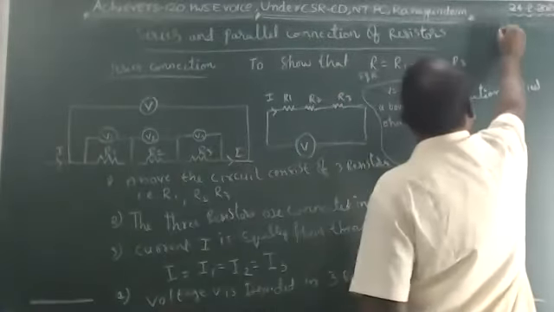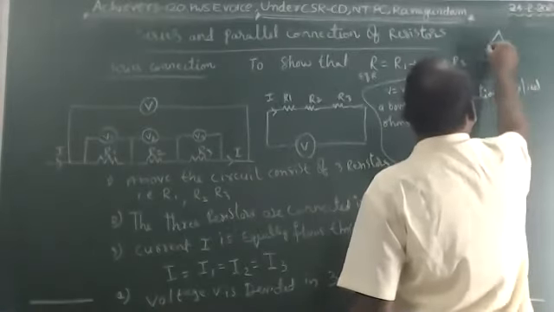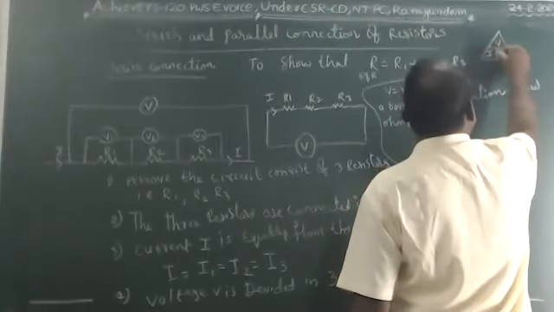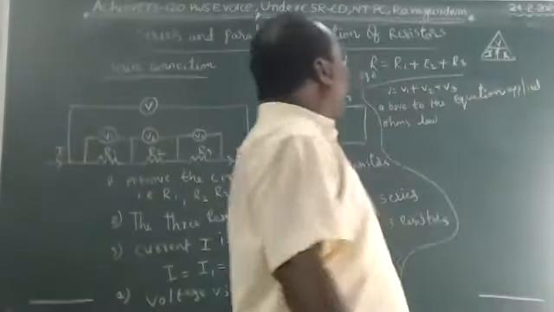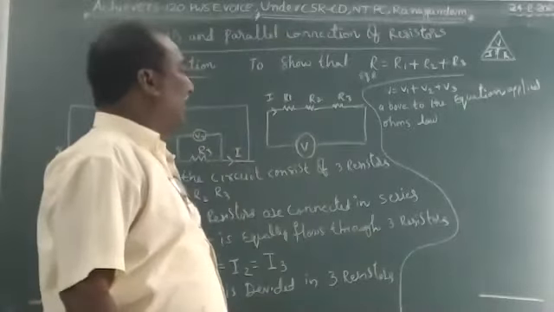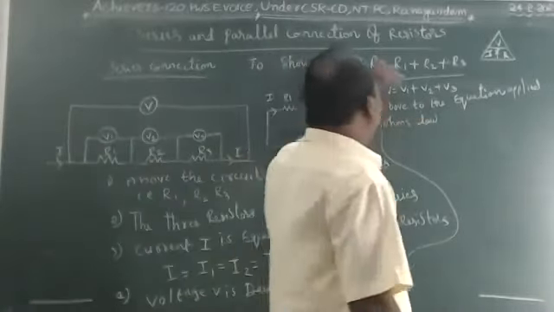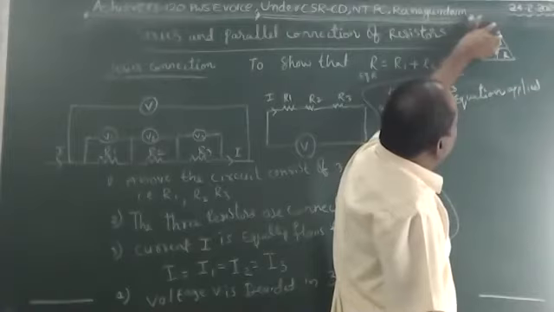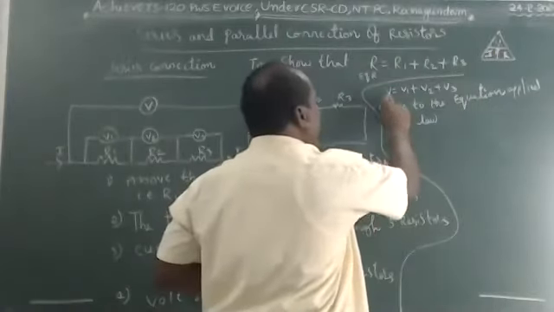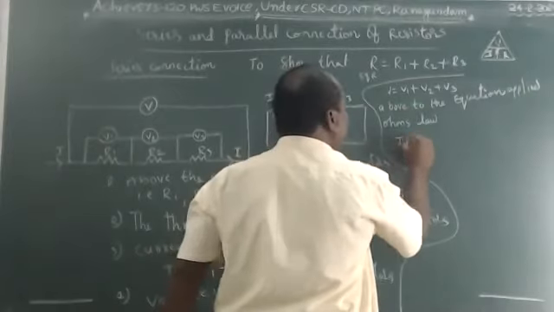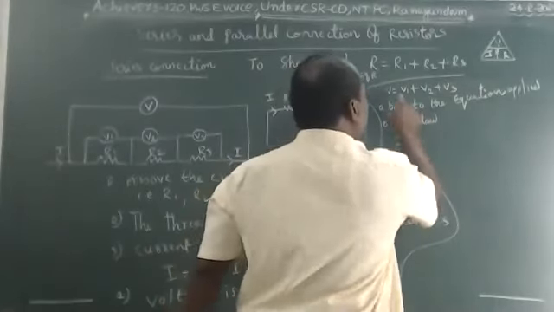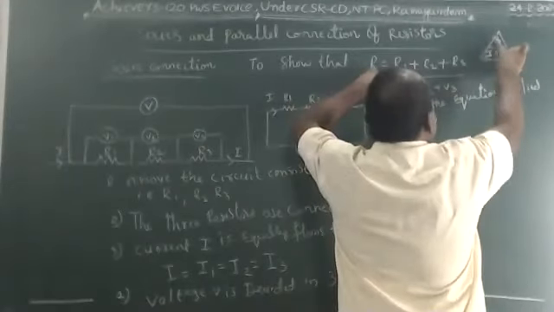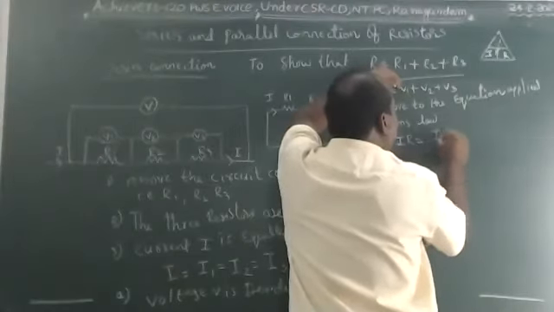You already know, according to the magic triangle I told you clearly, that V equals I into R. According to Ohm's law, V equals I into R. So in place of V, substitute I into R, because the voltage formula is I into R. Then V1 is I into R1, plus V2, again voltage formula, I into R2, plus V3, voltage formula, I into R3.